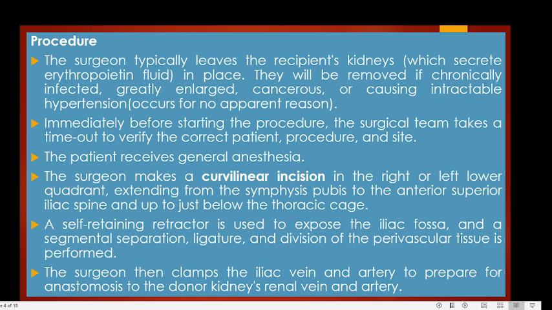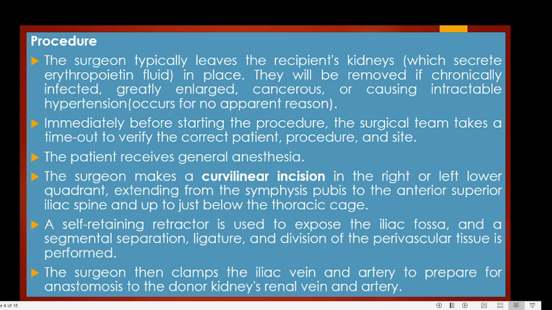A self-retaining retractor is normally used to expose the iliac fossa, and a segmental separation, ligature, and division of the perivascular tissue is performed. The surgeon then clamps the iliac vein and the iliac artery to prepare for anastomosis to the donor's renal vein and renal artery.